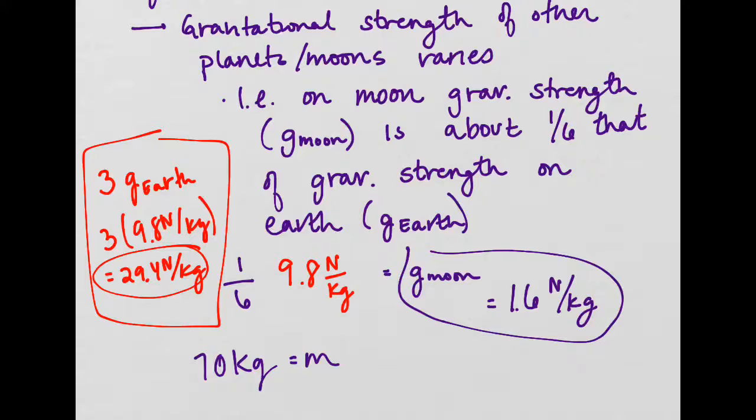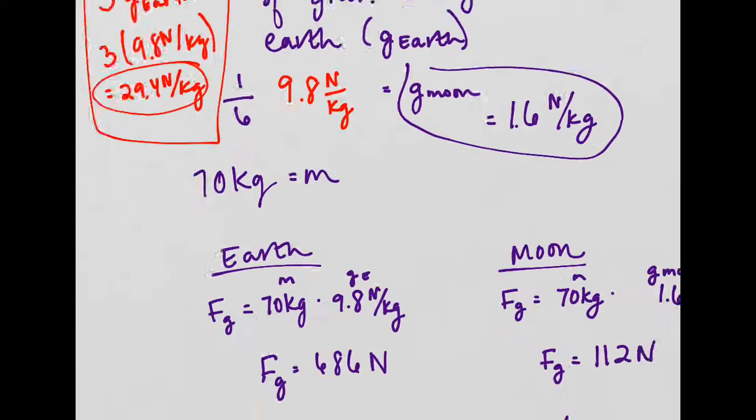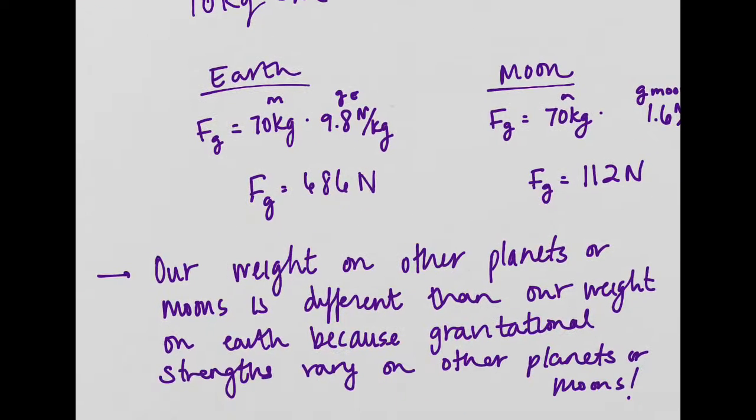So here I say, on the moon, gravitational strength is about 1/6 that of gravitational strength on Earth. So you need to understand how you can calculate the gravitational strength on the moon based on this word problem, and then you'll be able to use this new g of the moon or g of Saturn, like I did over here, to solve for whatever you're looking for in the problem.